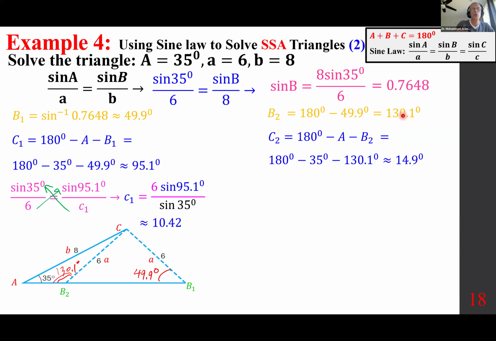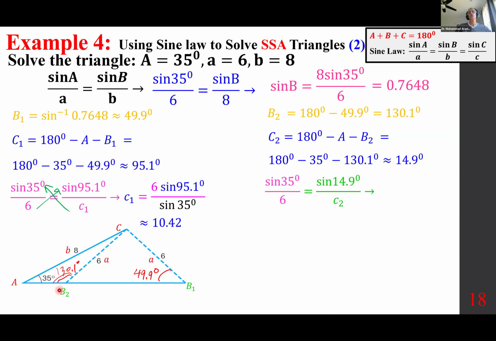So we are going to go back to this with this one. Sine of 35 over 6 equals sine C over c. This one is sine of C sub 2, which is 14.9 degrees, over C sub 2. By the way, this is C sub 2, AB2.